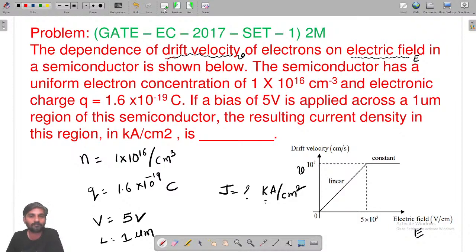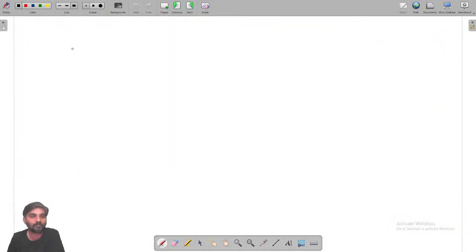Okay, so now what is the formula? Shall we start? What is the formula for J? J is equal to N Q mu into E. Can somebody tell me the formula for current density J?